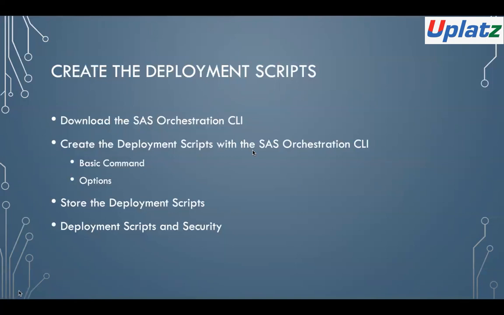So, the software order email, and it will create a deployment script for your SAS Viya software. This SAS orchestration CLI can be run on Linux or Windows, and it requires a Java runtime environment, as we saw in the hardware requirements, and it also requires an internet connection, right?